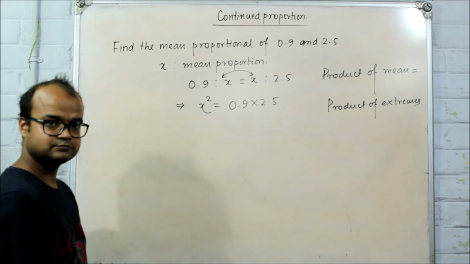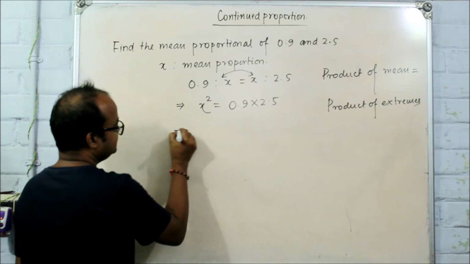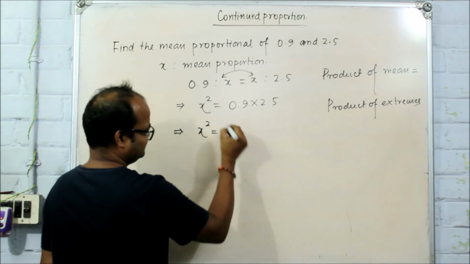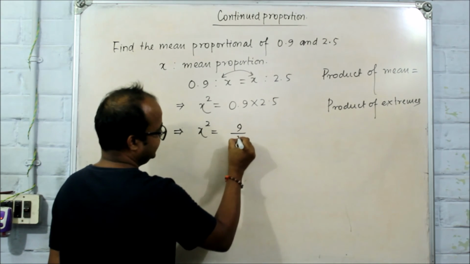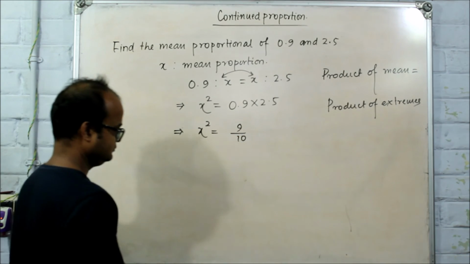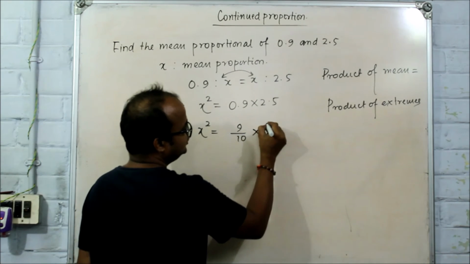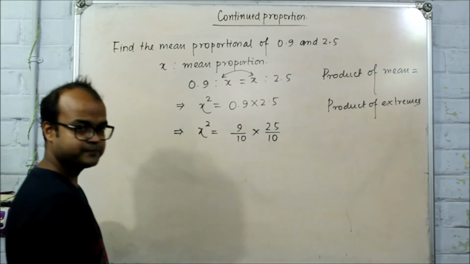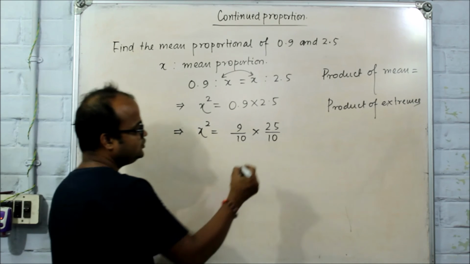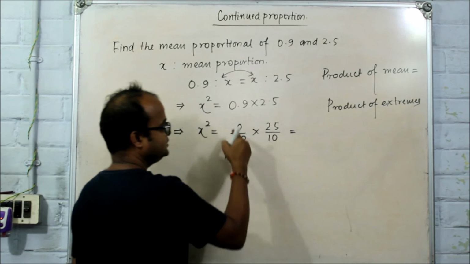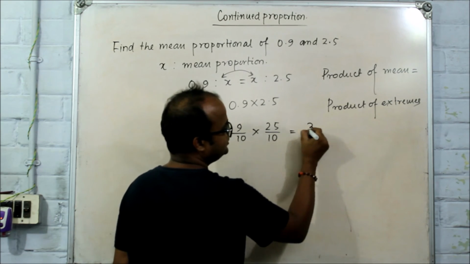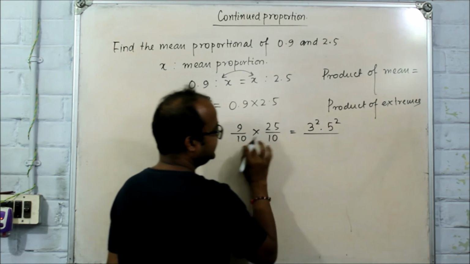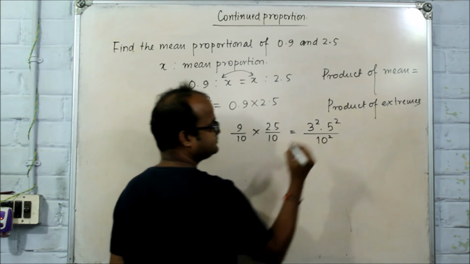Clear? X square is equal to 0.9, which can be written as 9 by 10, and 2.5 can be written as 25 by 10. Clear? So can we write 9 as 3 square, 25 as 5 square, and 10 into 10 as 10 square?